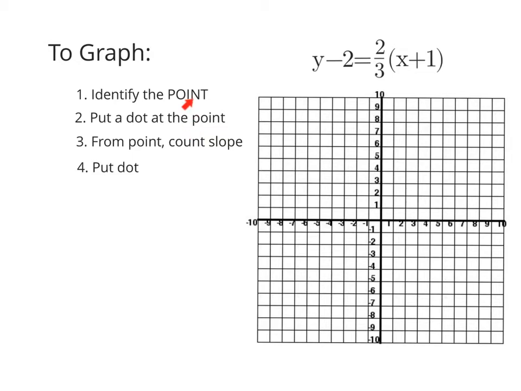And then the next thing is to count the slope from the point. Just like we did before, we're going to look at the rise over the run and determine what that looks like, and then we're going to put another dot and draw as straight of a line as we can.